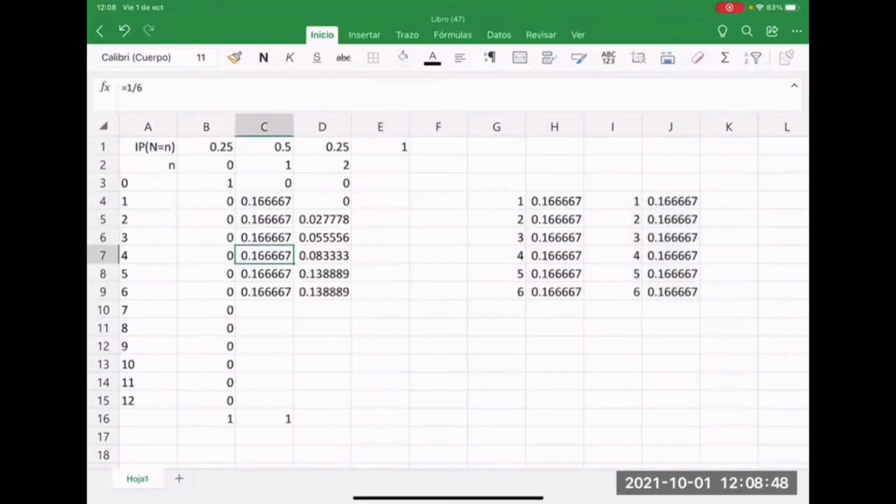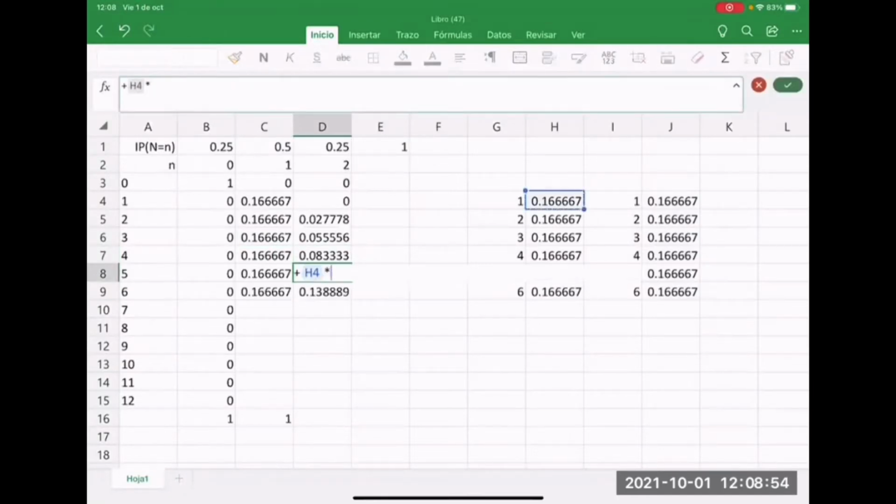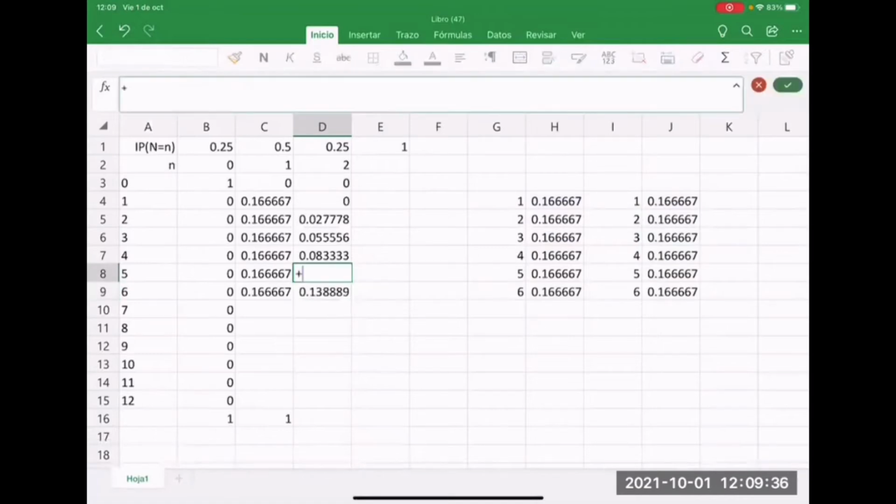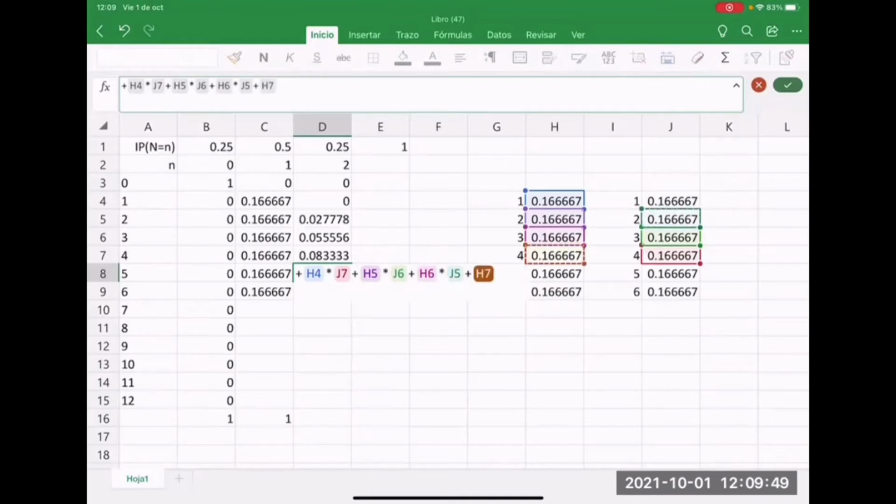So to get 6, we need this and that, or this and that, or this and that. So allow me to put it right here. And to get the 5, that's easier because we need 1 and 4, or 2 and 3, or 3 and 2, or 4 and 1.